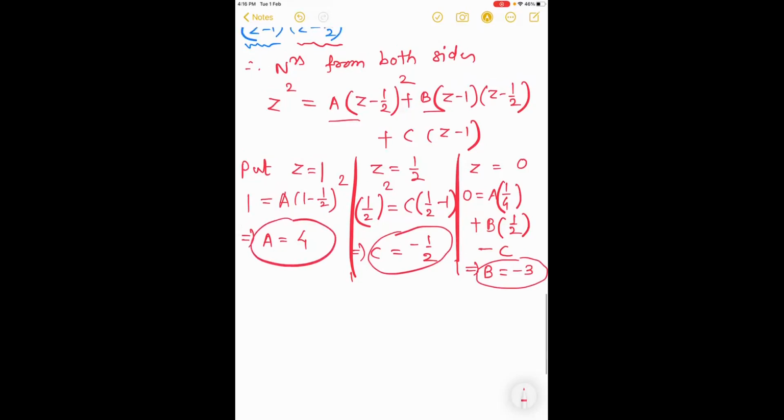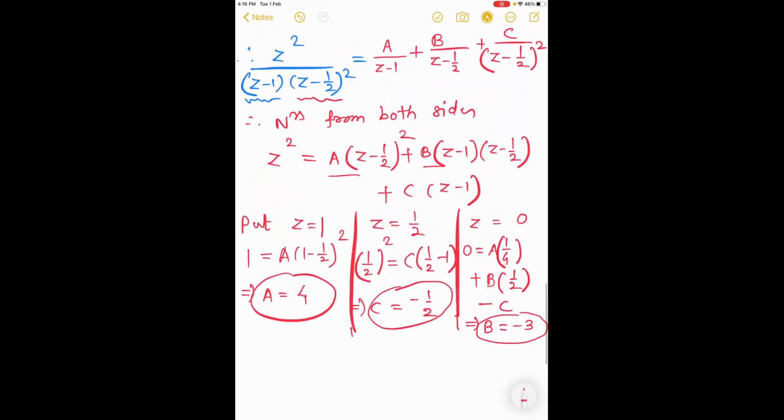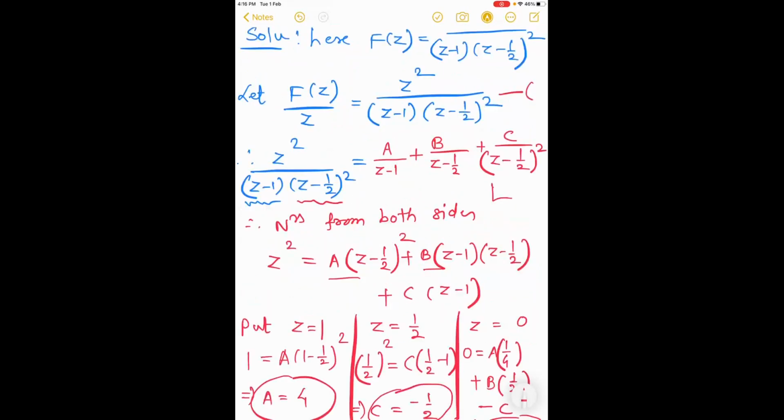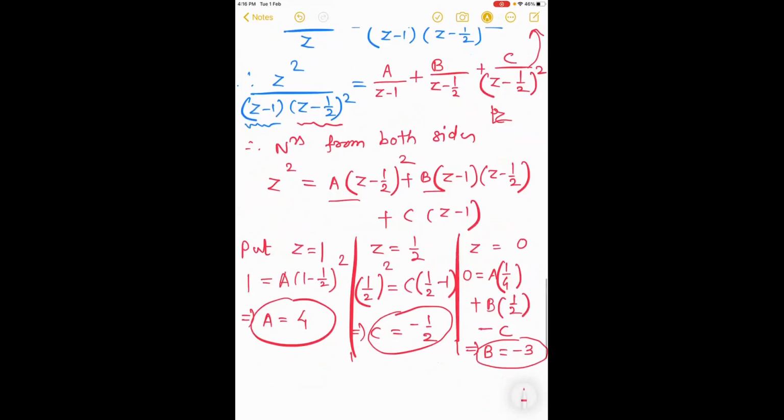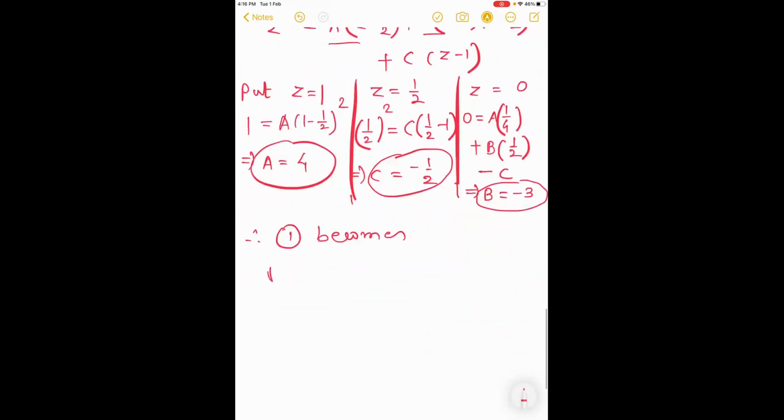Put it in the fraction. We'll call this 1. Therefore, 1 becomes F(z) upon z equal to A upon z minus 1, that is 4 upon z minus 1, minus 3 upon z minus half, and C is minus 1 by 2 upon (z minus half) square.